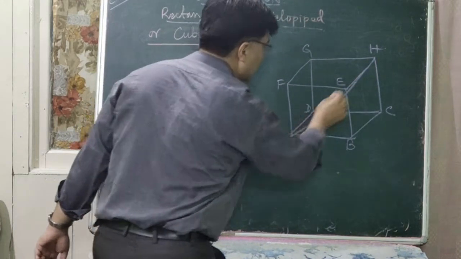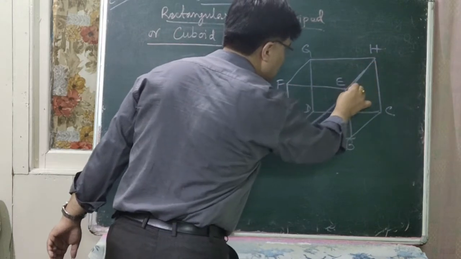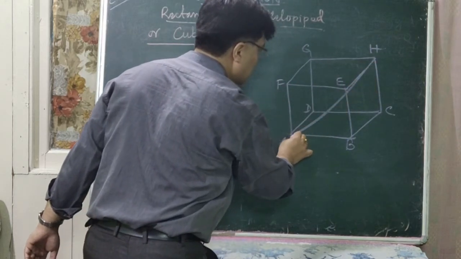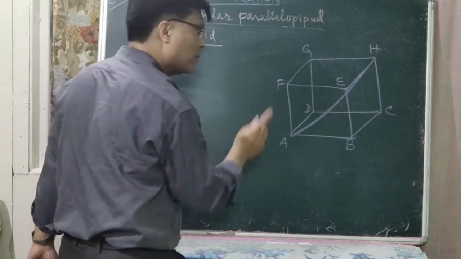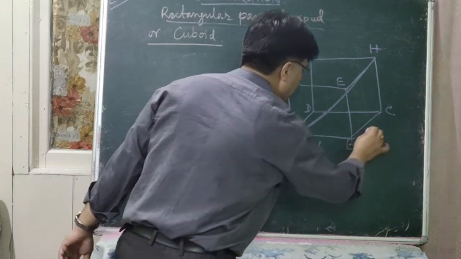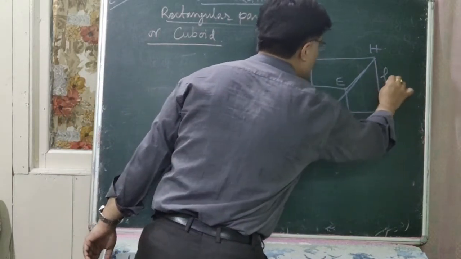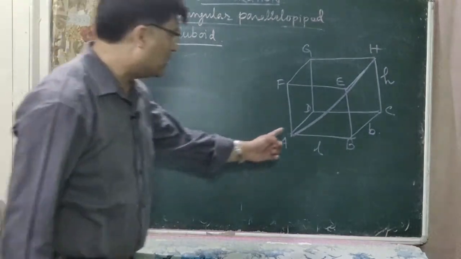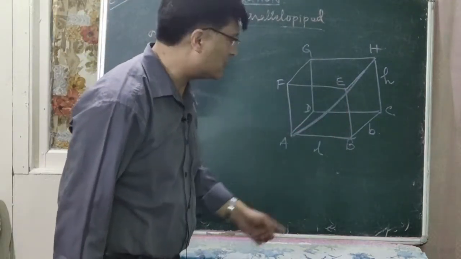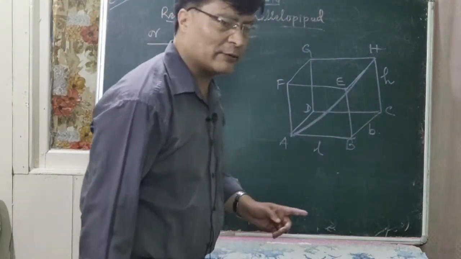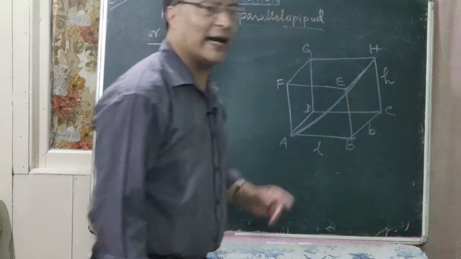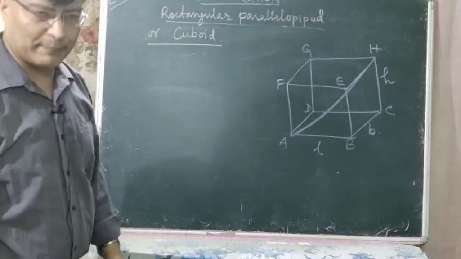Okay, so let us join this A and H. You see, जोड्यो A र H ठीक छ। यो भयो L, यो भयो B, यो भयो H. This is the length of the rectangular parallelepiped, this B is the breadth of the rectangular parallelepiped, and this H is the height of the rectangular parallelepiped.